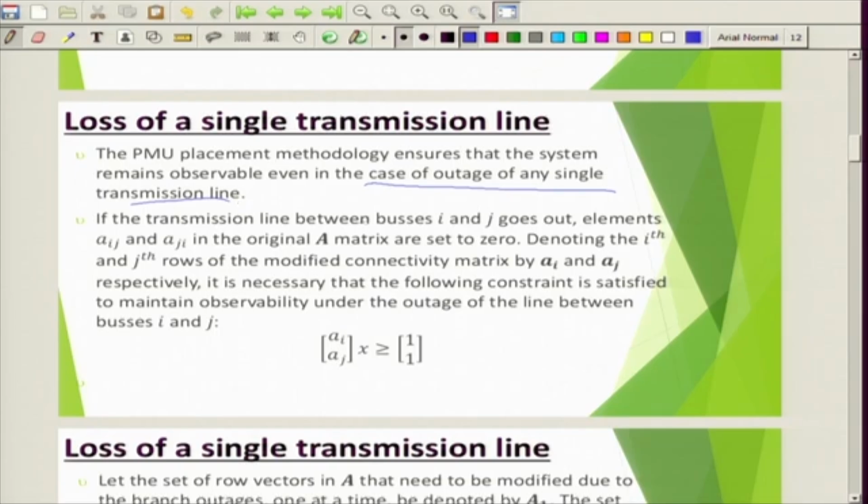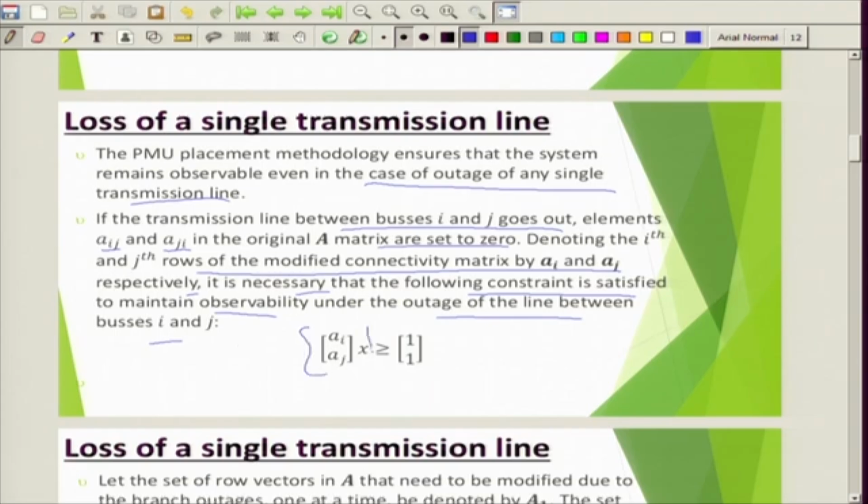If the transmission line between buses i and j goes out, the elements A(i,j) and A(j,i) in the original A matrix are set to 0, obviously. Denoting the ith and jth rows of the modified connectivity matrix as Ai and Aj respectively, the following constraint must be satisfied to maintain observability under the outage of the line between buses i and j.